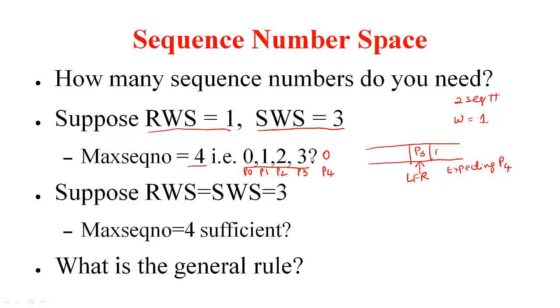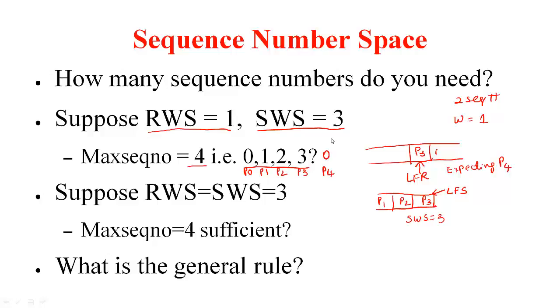Then with this sequence number space, I am done. If the receiver is expecting 4, naturally P3 has been successfully received. Let's look at the perspective of the sender, and here I claim that the worst case scenario will happen if P3 happens to be the last frame sent.